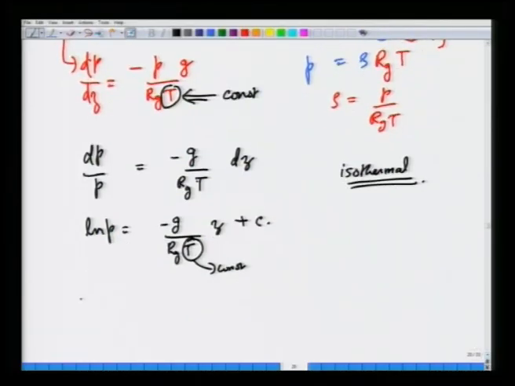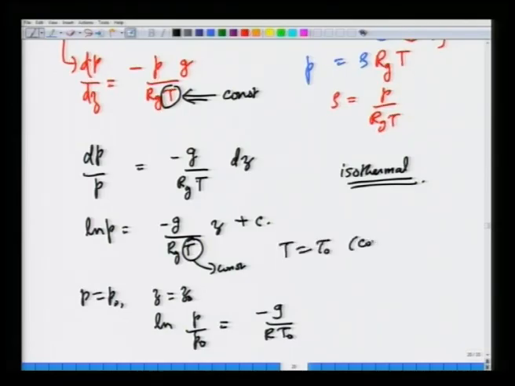So, if you assume P is P naught at z is z naught, you can fix this constant. So, you get log P over P naught is minus g by R T naught times z, where T is T naught, a constant, it is isothermal. Or P is P naught exponential minus g by R T naught times z.